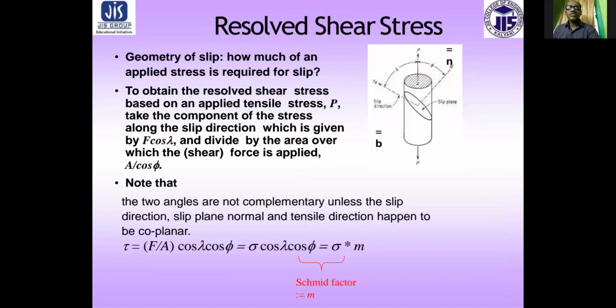The resolved shear stress in the slip plane and the slip direction, that is tau resolved, will be F by A cos lambda cos phi, that is sigma t cos phi into cos lambda.